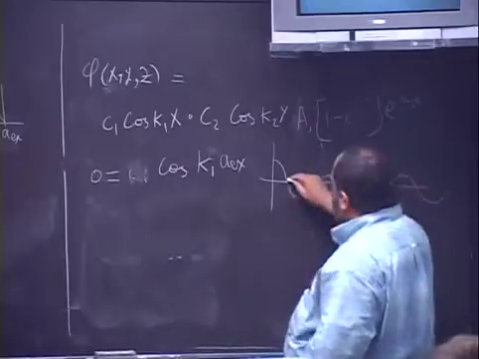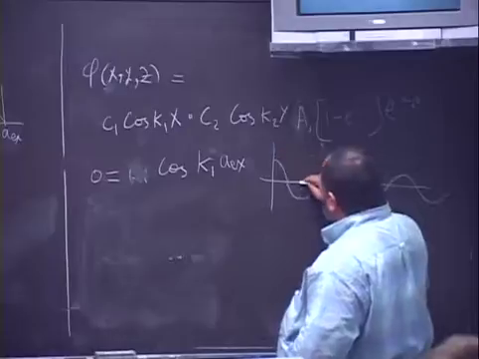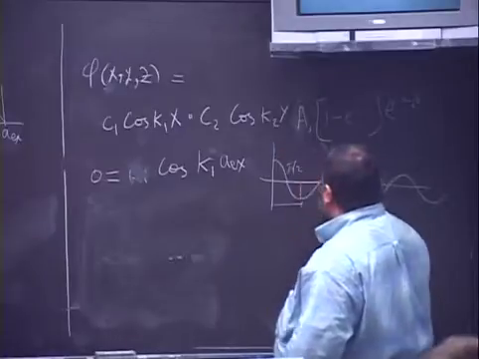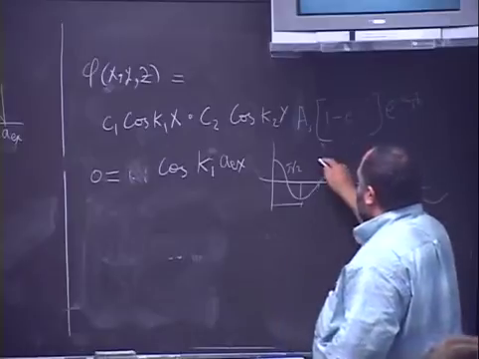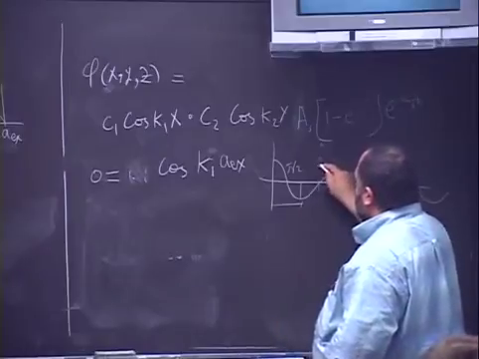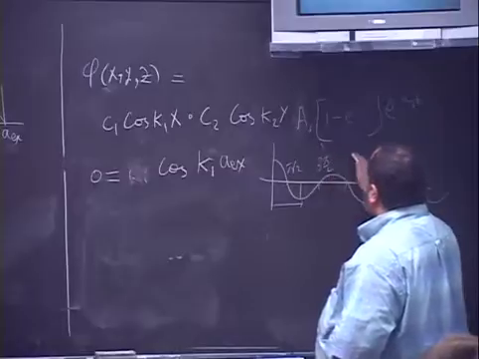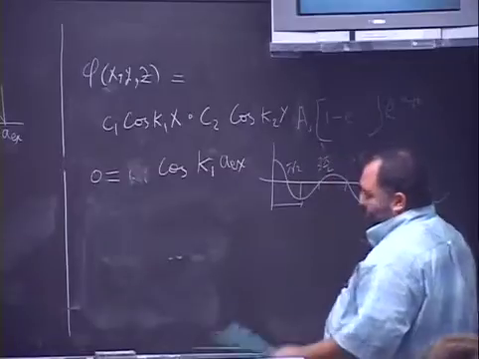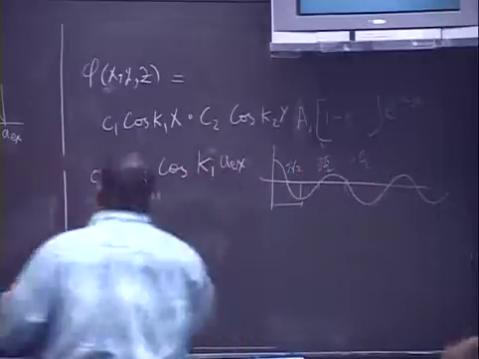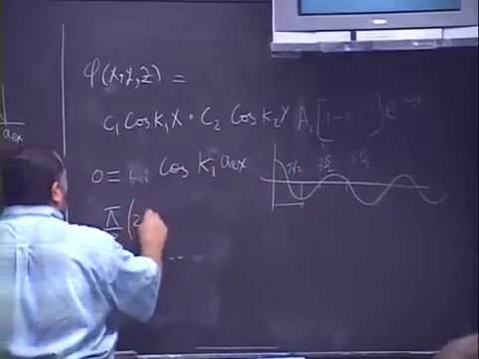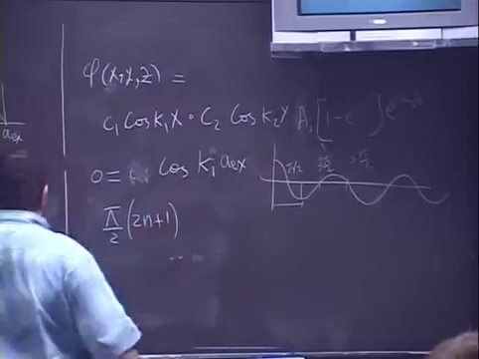This is 0, this is pi, so it is pi over 2, then 3 pi over 2, then 5 pi over 2, and so on. So I can write this as pi over 2 multiplied by (2n plus 1).